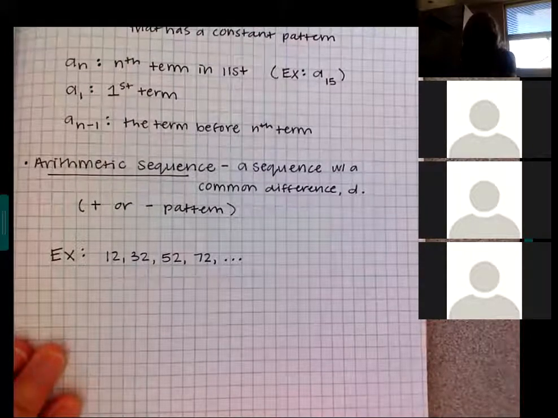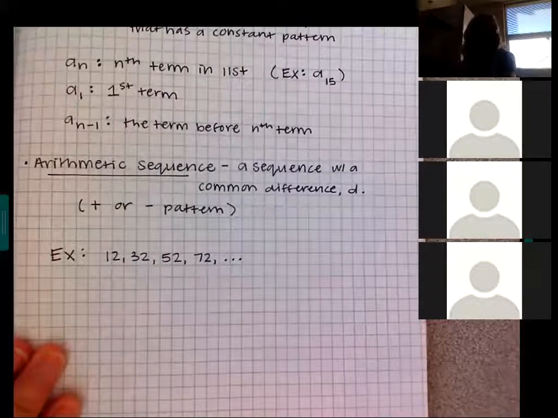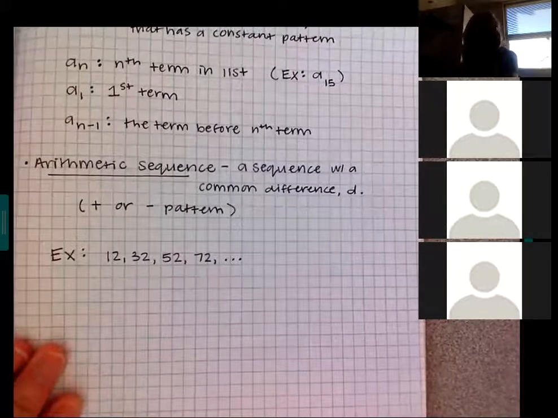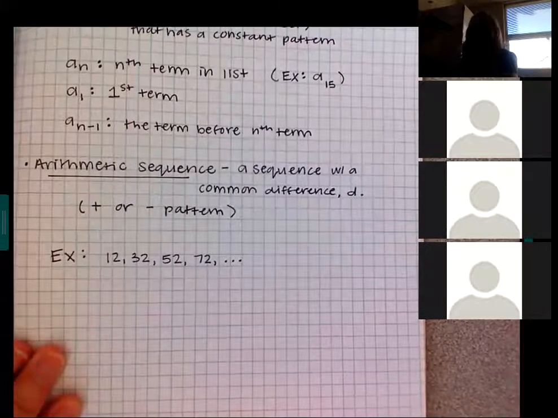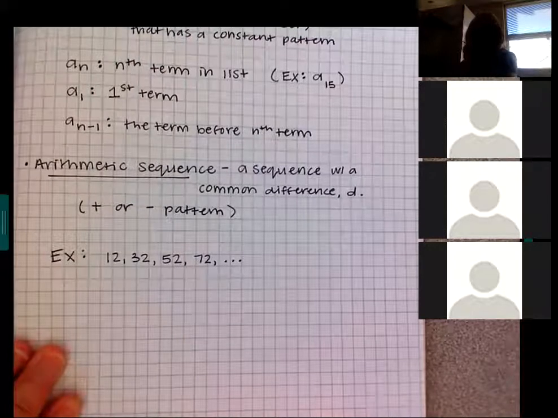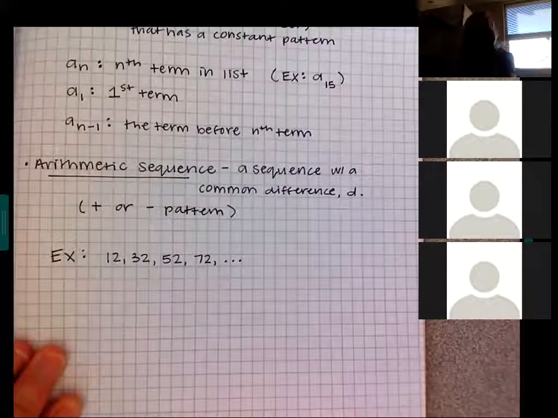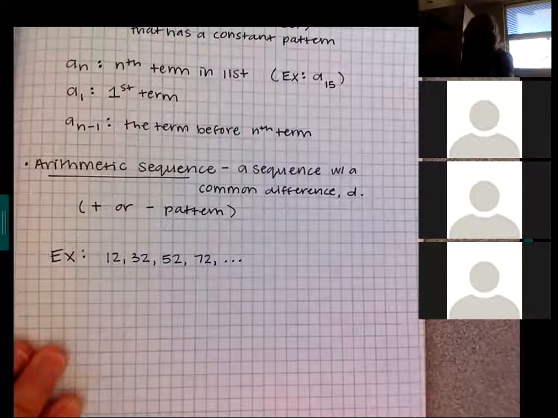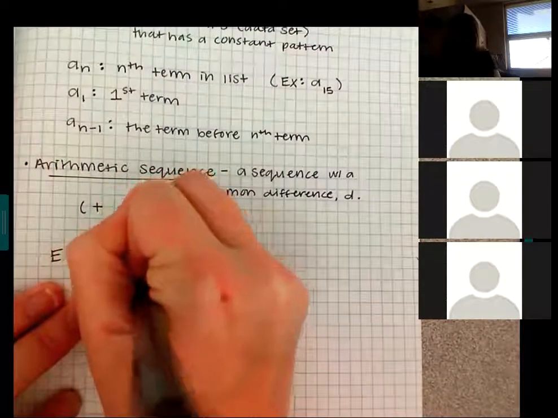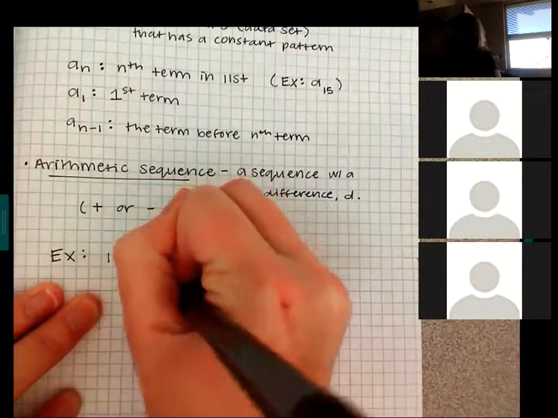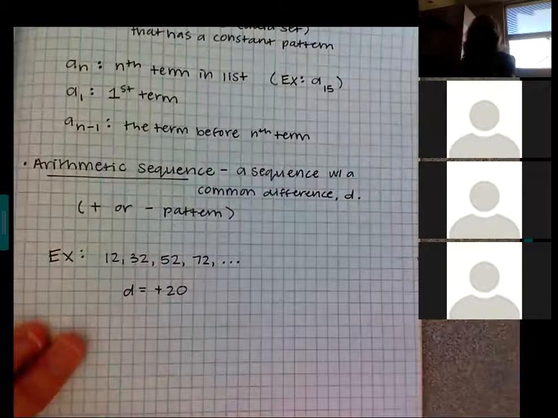That it keeps going. Good. The pattern continues, basically. So we don't know where this is gonna stop, but what do we know? We're adding, there's a pattern, how much? 20. Does everybody agree it's adding 20 each time? Okay, so for this sequence, the common difference is positive 20 because we are adding 20.